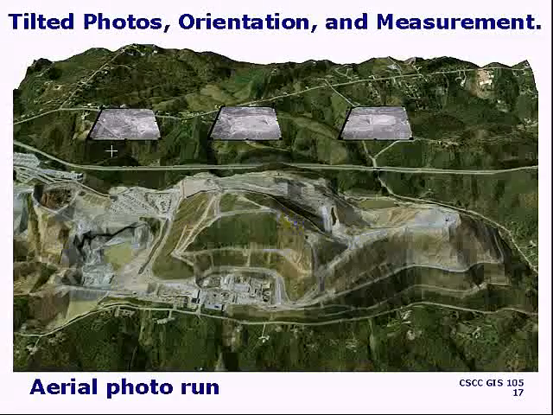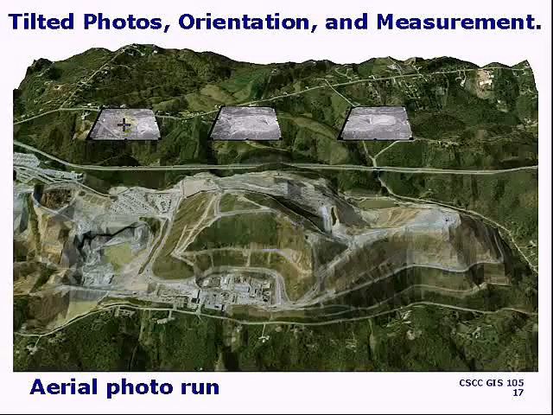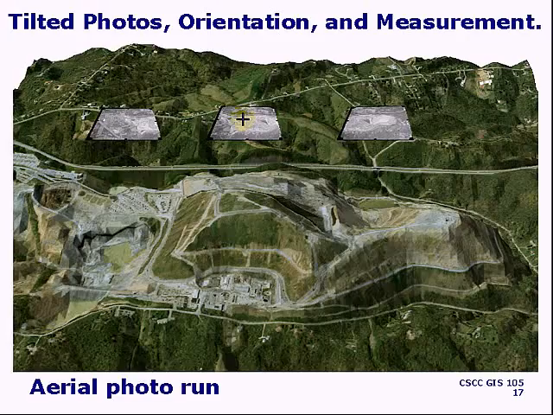And then we have these three photos in space. Okay, exposure stations, the first, the second, and the third. That photography is exposed. We don't know anything about it other than when we look at it, we can see the landfill. If we look at two photos together, we can see it in 3D.